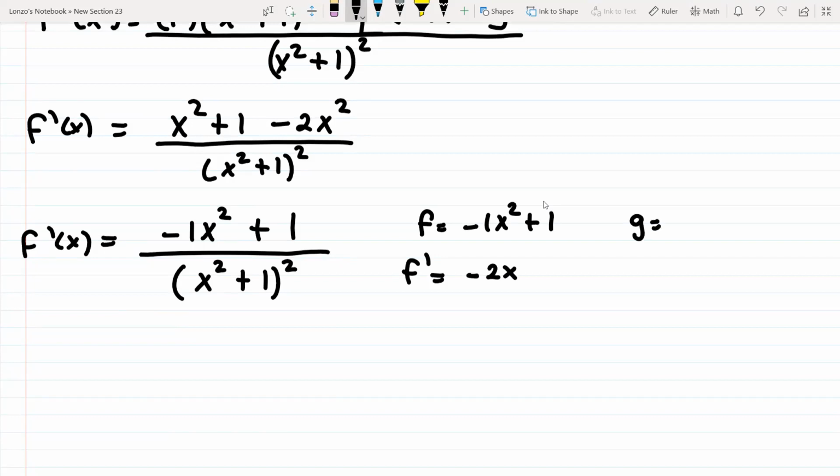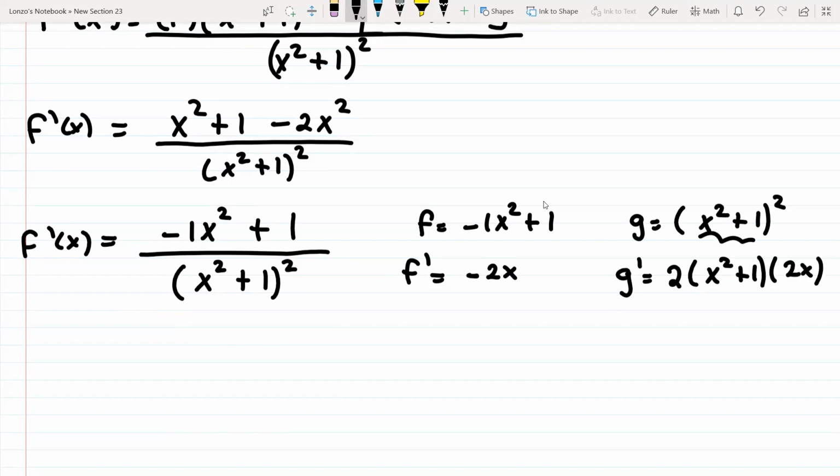And then g would be x squared plus 1 squared, and g prime would be 2 times x squared plus 1, then the power rule, so this would be 1, and then take the derivative inside, so that would be 2x. So g prime would be 2x times 2, that's 4x, times x squared plus 1.